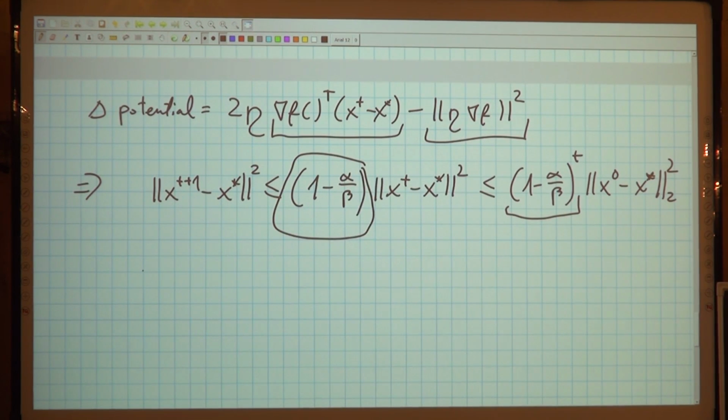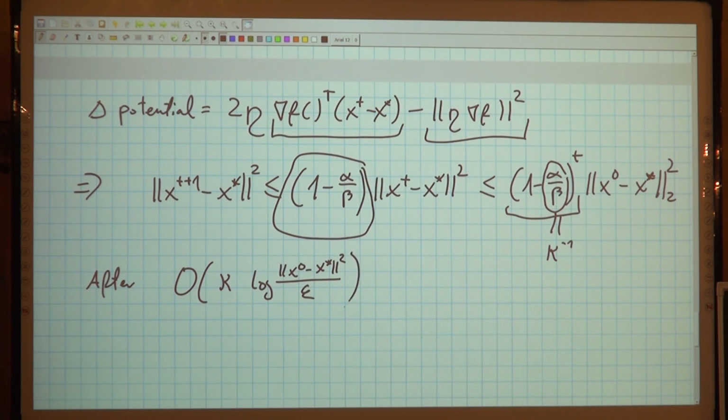So if I define this quantity to be kappa, then after roughly, sorry, this will be kappa to the minus 1, it will be kappa times log of the initial distance to the optimum over epsilon, I will essentially have a guarantee that my point is at most within epsilon of the optimal one.